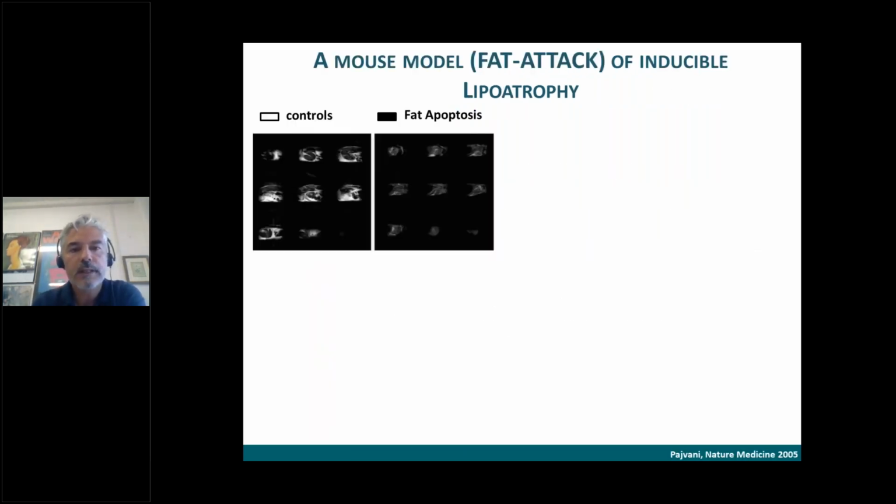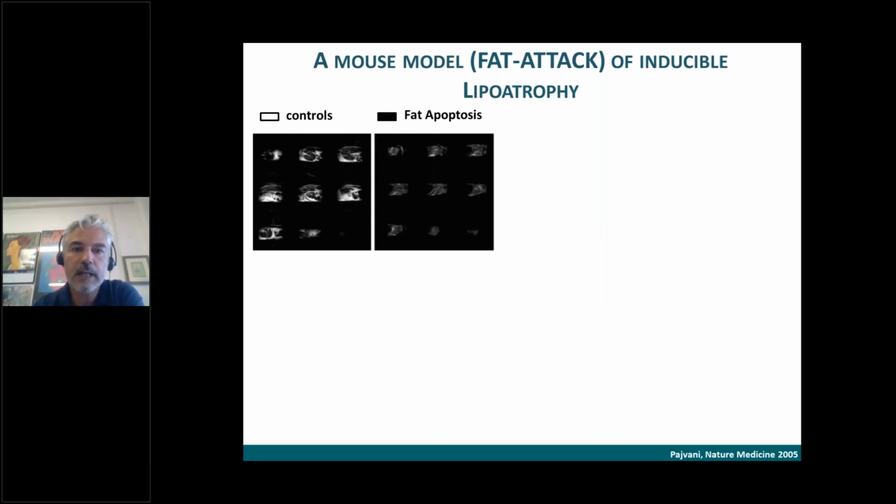So what are the basic principles of the mechanisms that are responsible for the disease and its complications? I will start describing this aspect using an animal model, a transgenic model, which is characterized by the expression in the white adipocyte of a caspase.